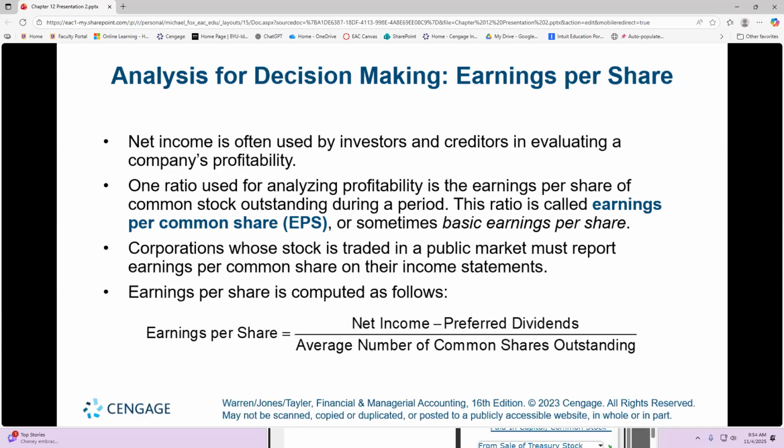And by average number of shares outstanding, it means take the number of shares at the beginning of the year plus the number of shares at the end of the year, divide by 2. We've seen that pattern a few times now. All right, you guys ready to move to the problem? Get it over with? End your pain?